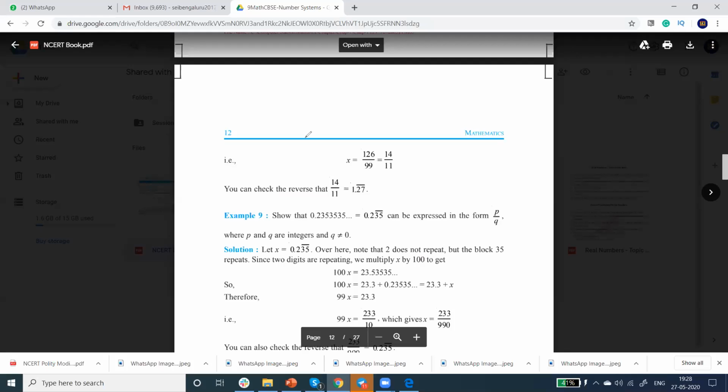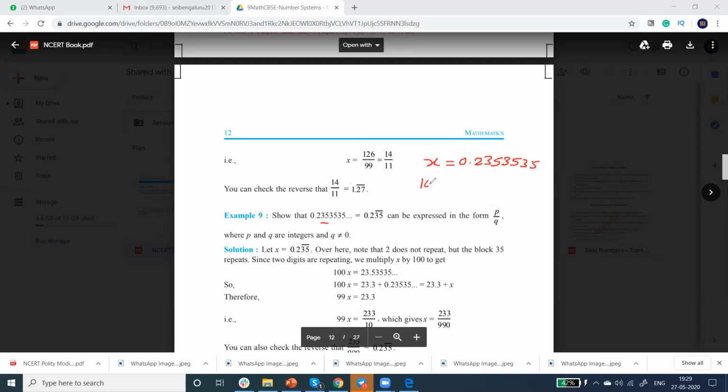In example 9, they have given 0.235353535. After 0.2, two numbers 35 continuously repeat, so we can write 0.235 bar. We have to express this value in p by q form. Now x is equal to 0.23535. After the decimal, the 2 is a constant, and 3535 are equal, so the two numbers are continuously equal.